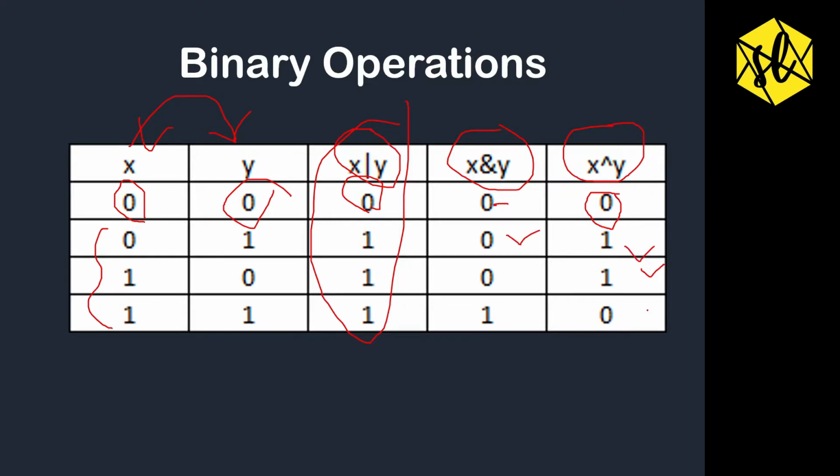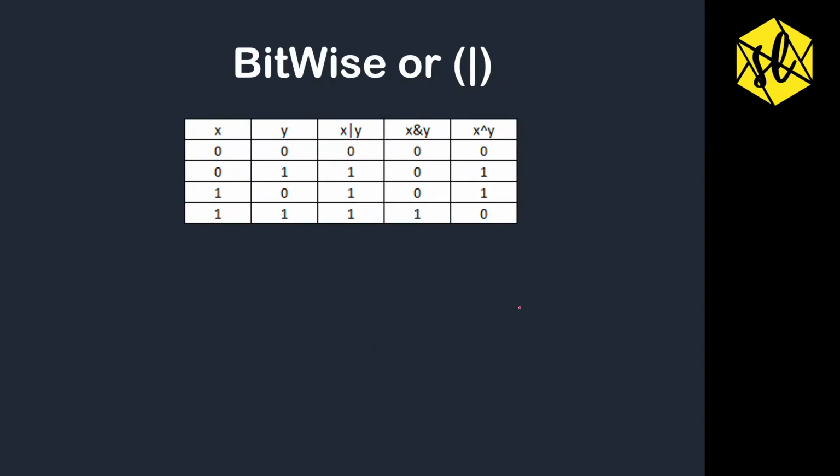Now let's move to the OR operator. Here we have the rules, and this one is the result we will get from OR operation. Let's see a few examples and understand what is going on. So this one is the first example. We have 2, that is in binary 1 and 0, and 1, that is 0 and 1, and when we apply the OR operation we get 1 and 1.